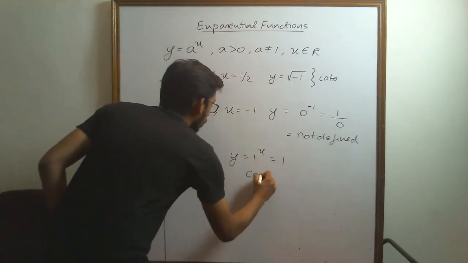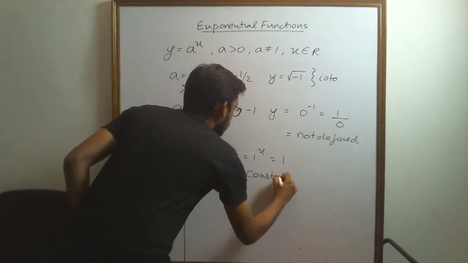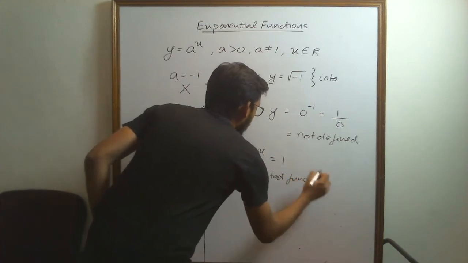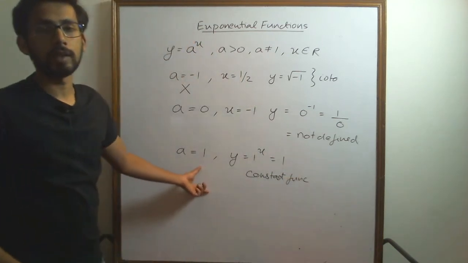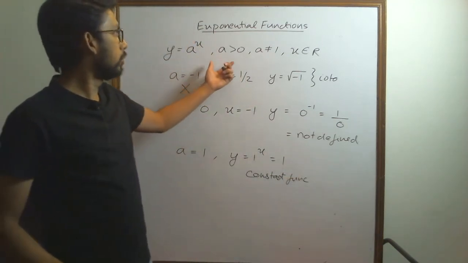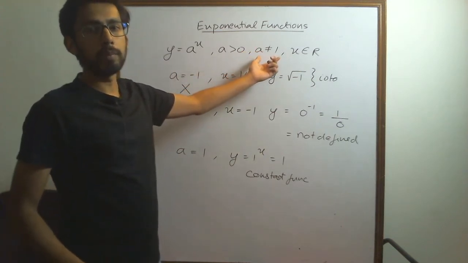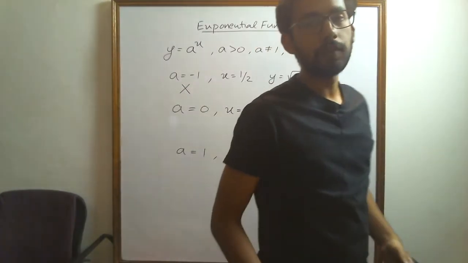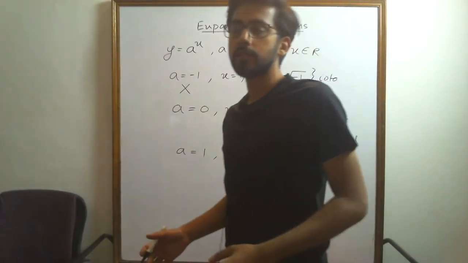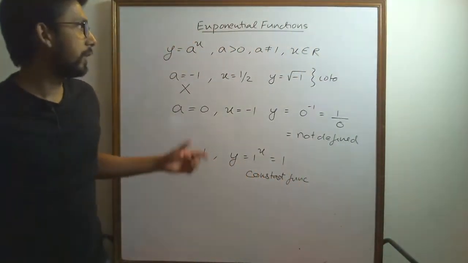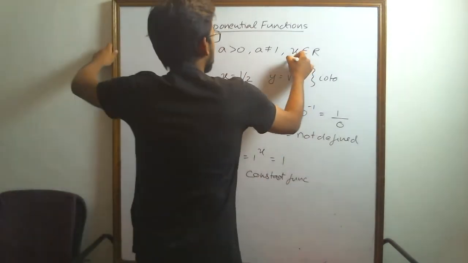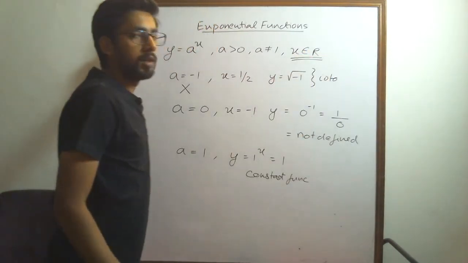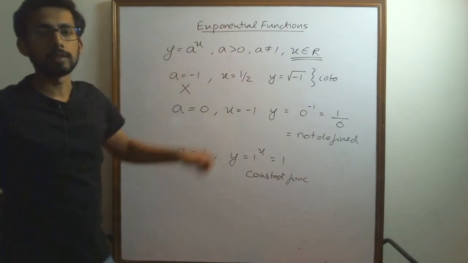This becomes a constant function and it does not stay an exponential function anymore. That's why we remove these values from the base, because it will make the function not defined for all real numbers. That's why to keep the function defined for all real numbers, we put these conditions.